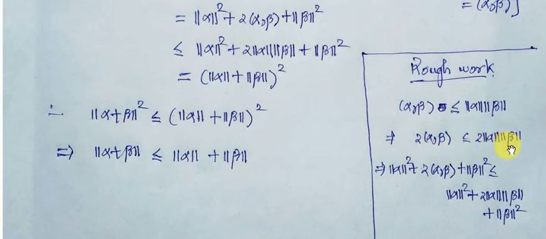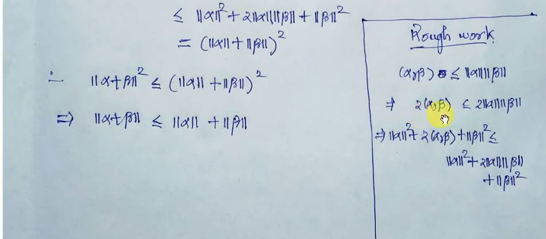We have added norm alpha square and norm beta square on both sides. So this is less than or equal to norm alpha square plus 2 norm alpha into norm beta plus norm beta square. What we have done here? Merely we have added norm alpha square and norm beta square on both sides of this inequality.